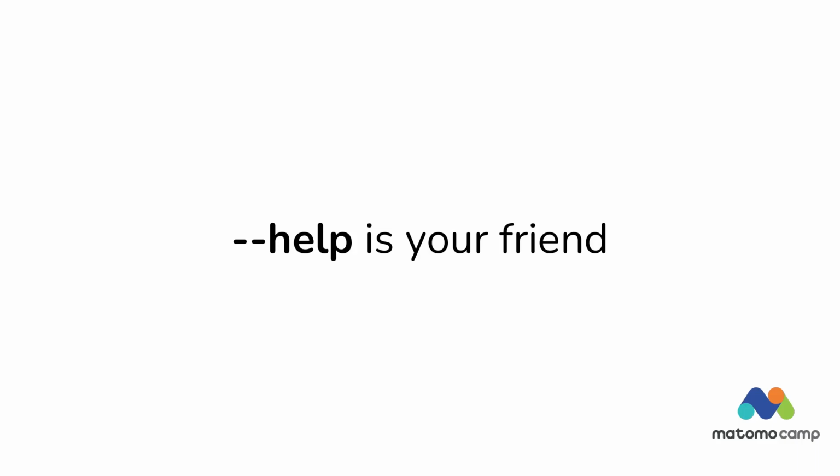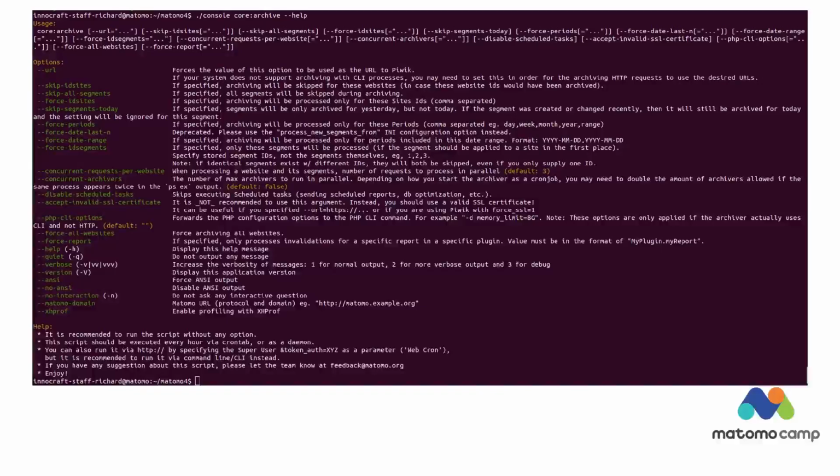So here, for example, in this slide, we've got the help output for the core archive command. As you can see on the screen, hopefully the text isn't too small, we can see all of the potential options that we could add to this to really narrow down and get some very specific commands that we can use for our server.